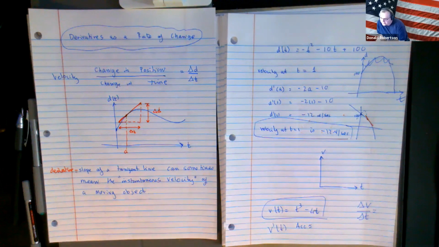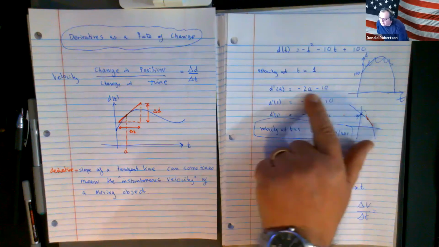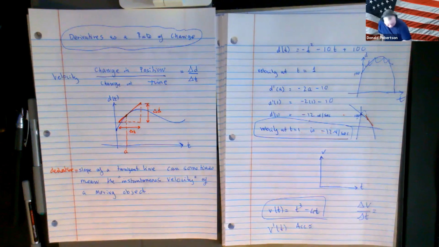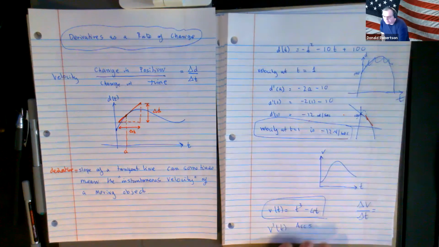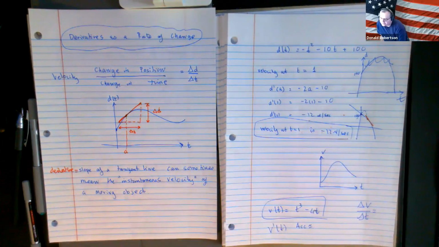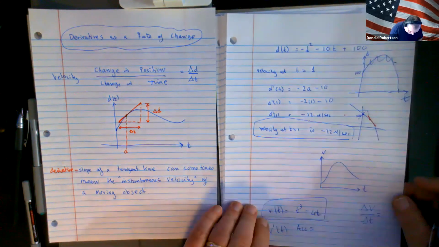Do you see that there's a use for finding these tangent lines, the slopes of them? Because if I know the position of an object, don't I now know what its velocity is? And if I know the velocity of an object, can't I now tell what its acceleration is? Very helpful thing to be able to deal with.